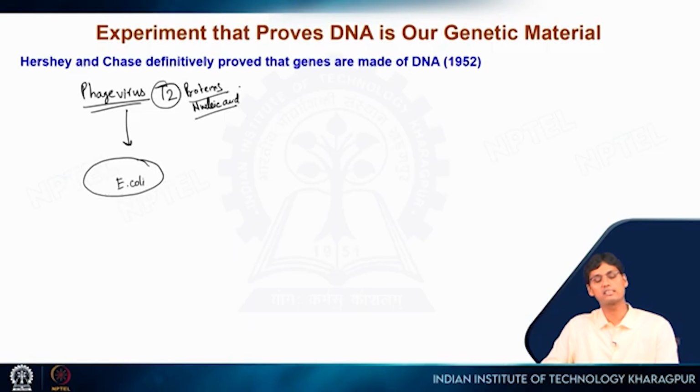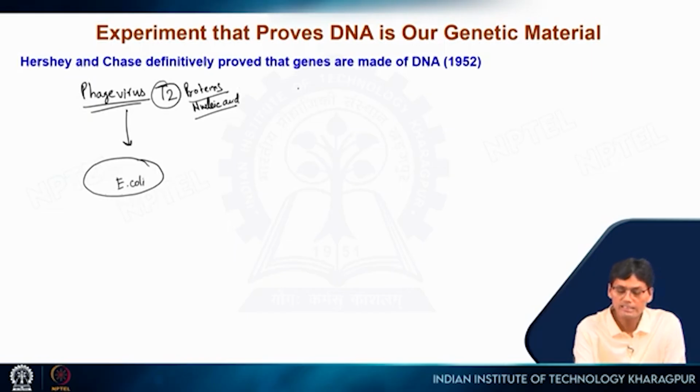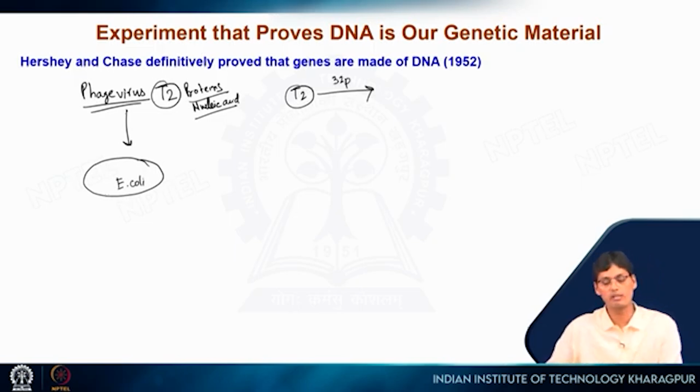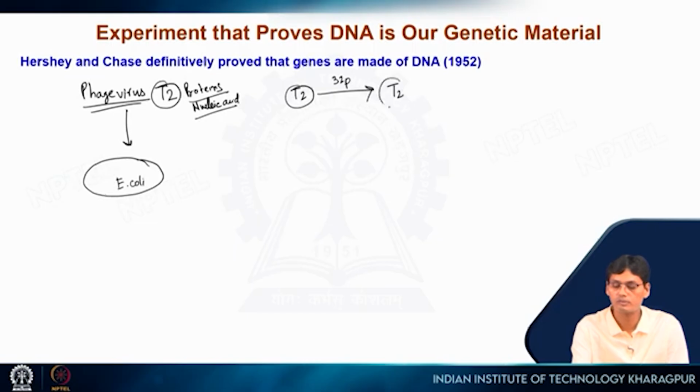Proteins and nucleic acid. Now, what they did: they labeled T2 bacteriophage with radioactive phosphorus, 32P. In one culture, they developed this radioactively labeled T2, the 32P-labeled T2.